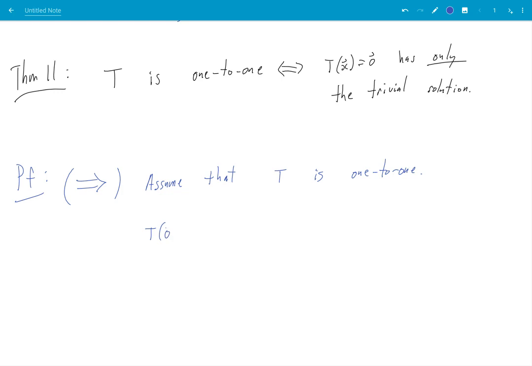Okay, T of 0 is equal to 0. We proved this earlier. I think it was 1.8.